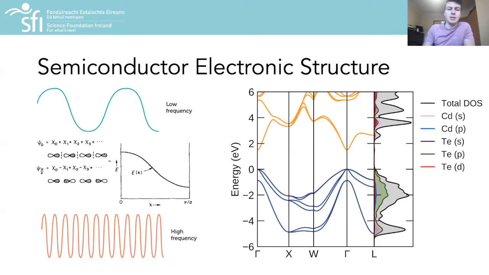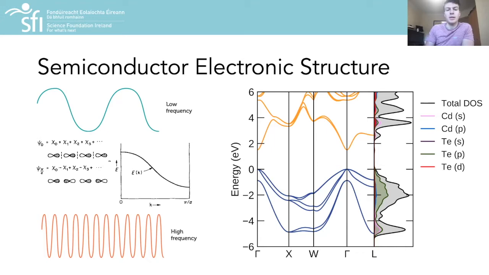And so the energies of these wave states will depend on the phase of the waves, so whether it's low frequency or high frequency. Or another way of thinking about this is the interaction of atomic-like orbitals between different unit cells, which make up the overall wave states.